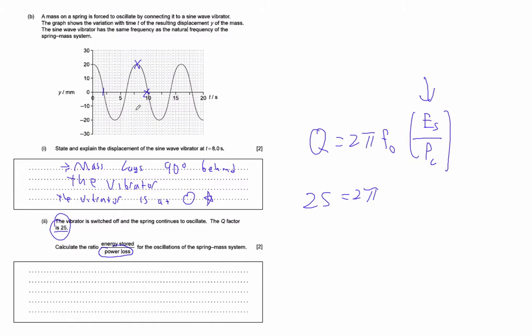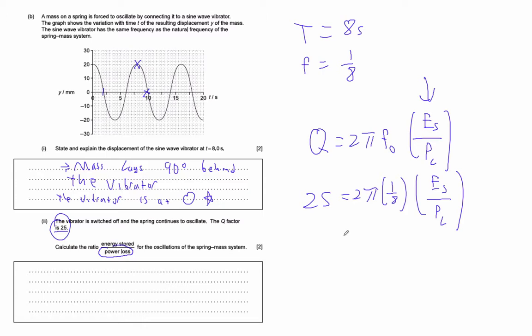Our frequency is, in 8 seconds, it does 1 cycle. So if the period is 8 seconds, then the frequency is 1/8. And then that's times the energy stored over the power lost. Okay, so now we're all set.